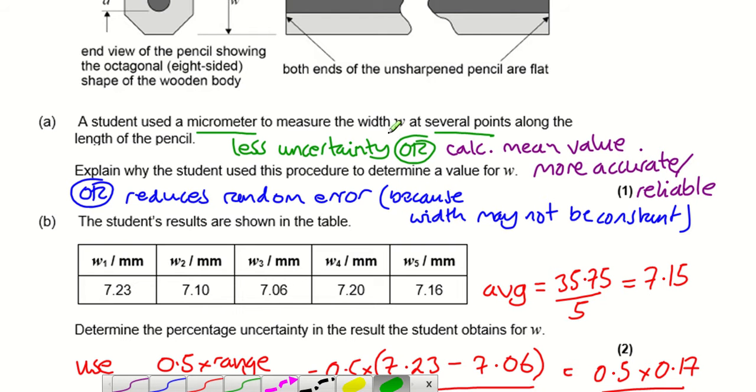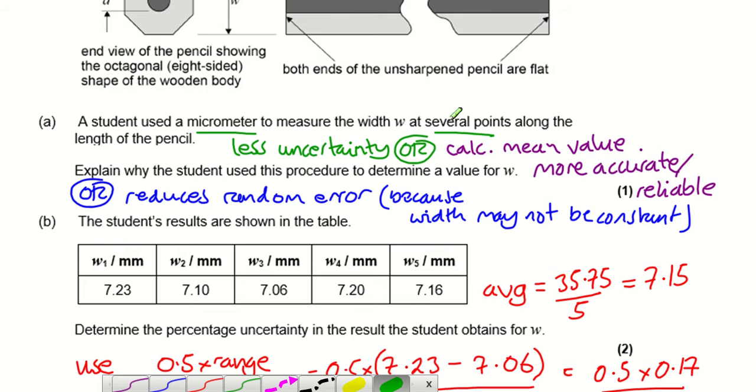Now you're not supposed to say more precise. They don't like that here. They said it's higher resolution, things like that. The other nifty thing is measuring at several places means you can calculate a mean value that will be more accurate or more reliable. So that's the things to pick up.